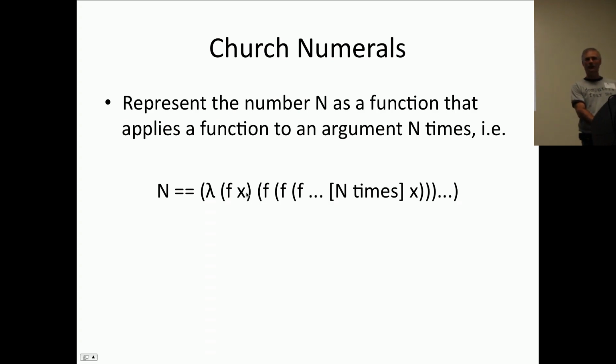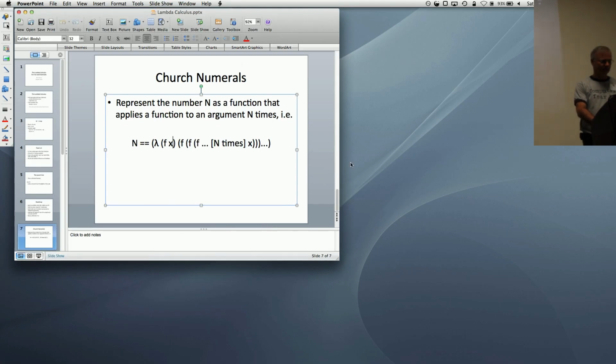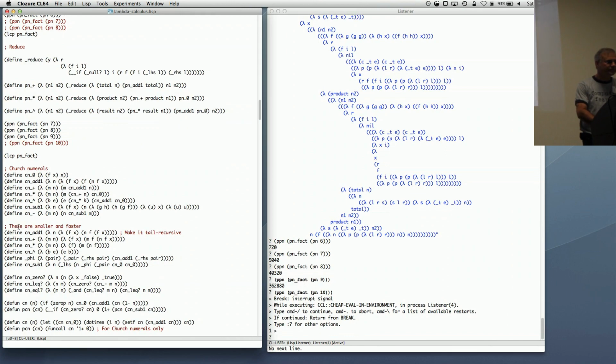I actually didn't need to put this here because of currying, and then it's going to apply that function to that argument n times. So, the Church numeral 0 is a function that takes a function and an argument and applies that function to the argument 0 times, which is to say it just returns the argument.